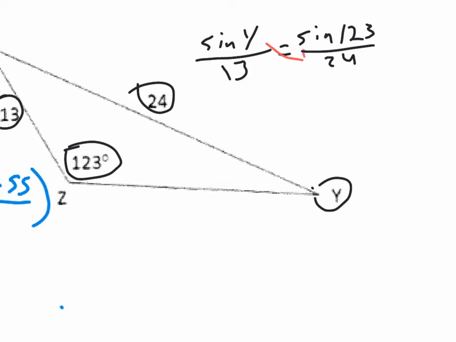Cross multiply. This is sine of y times 24 is 13 times sine of 123. Get sine y by itself, and eventually y by itself.